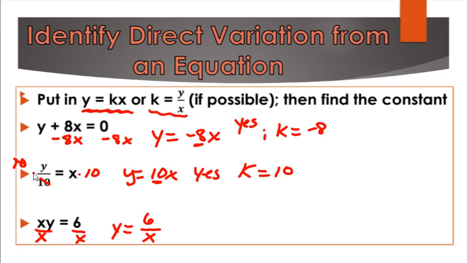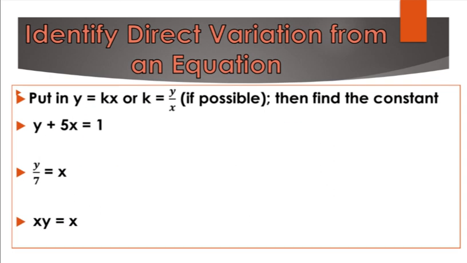Since I have y equals 6 divided by x, no, this is not direct variation because I can't divide by the x variable. If I'm dividing by the x variable, it has to be the y variable divided by x, not the constant divided by the x.